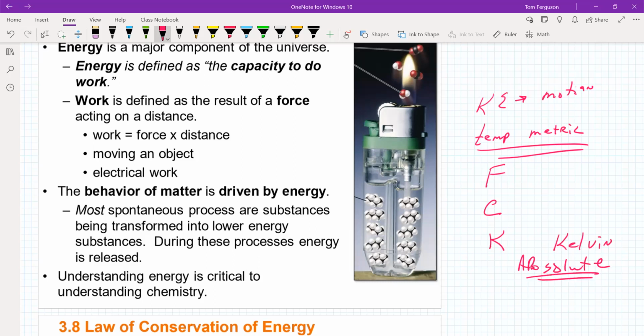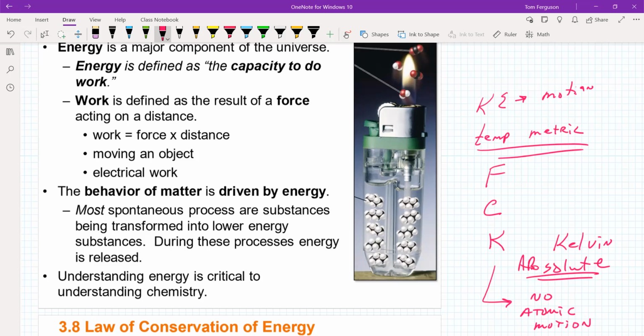And that's also measured in the same units as centigrade. So at 0 Kelvin, there's no motion of the atom.